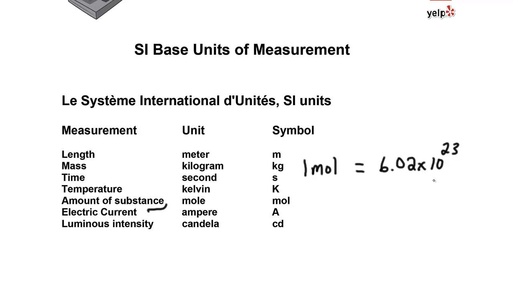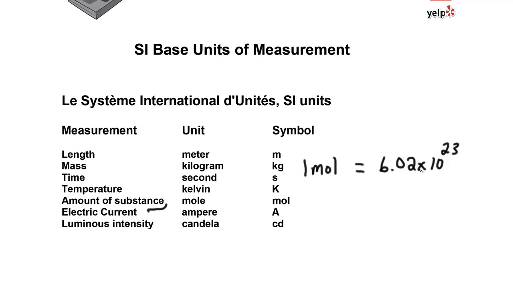to have a mole of anything. And so if I had a mole of eggs, then I would have 6.02 times 10 to the 23rd eggs. If I had 1 mole of chicken nuggets, or 1 mole of sticks of gum, anything, you have 6.02 times 10 to the 23rd of that substance. So let's just hit home.